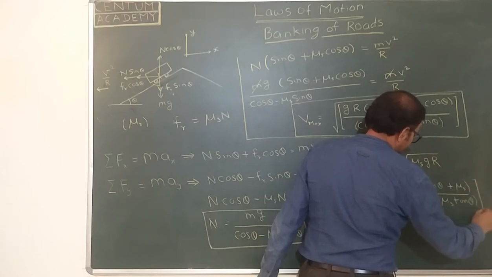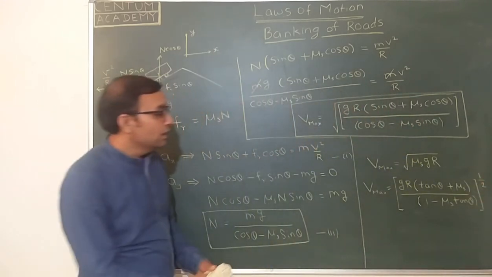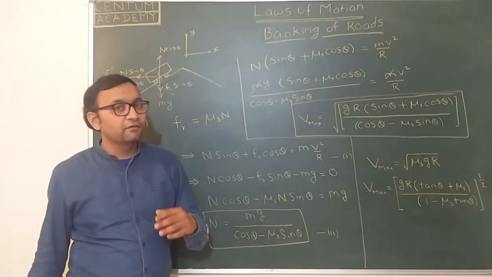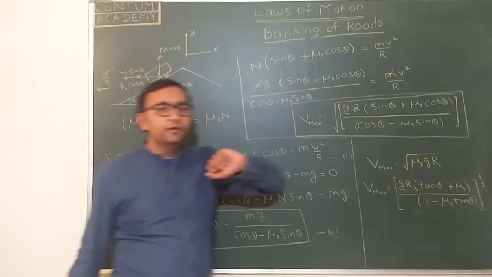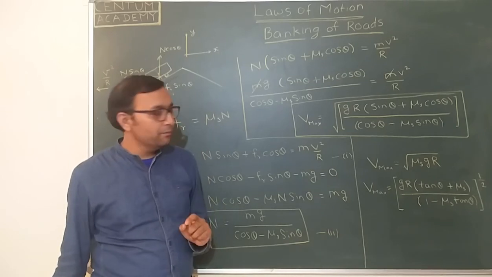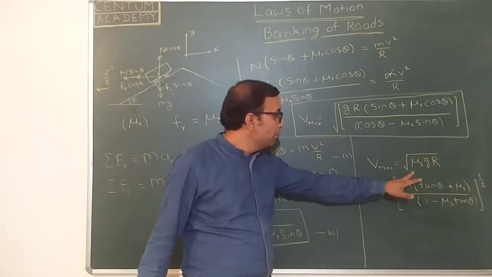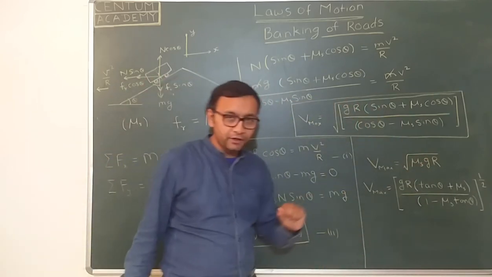raised to the power half. So theta is a very small angle, alright? So tan theta will be a positive number, a very small positive number. So the numerator is more than mu s gr. Let us look at the denominator.